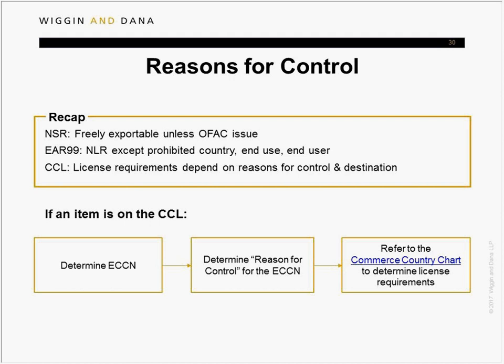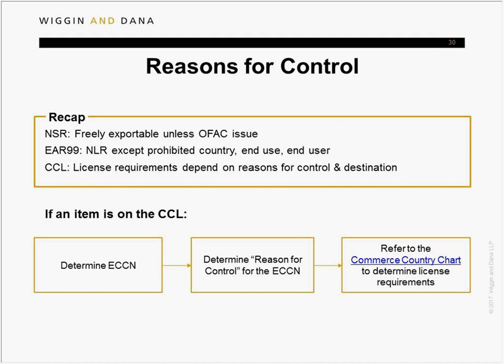It's on the CCL. We've figured out the ECCN. And now what we have to do, if you look at the little flow chart here, is determine the reasons for control. We're not done yet. And if you're feeling exhausted, yes, it is an exhausting process to classify your products and figure this stuff out. That's normal. So you determine the ECCN, and then you have to determine the reason for control.